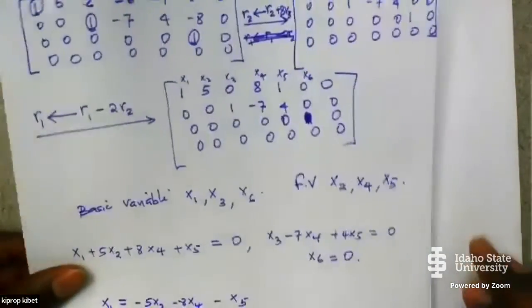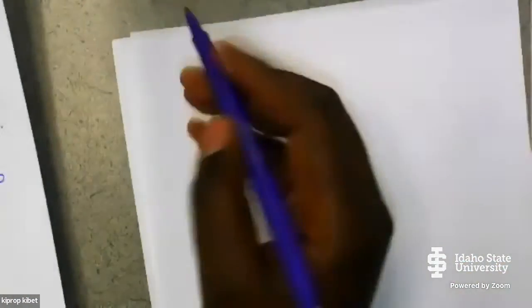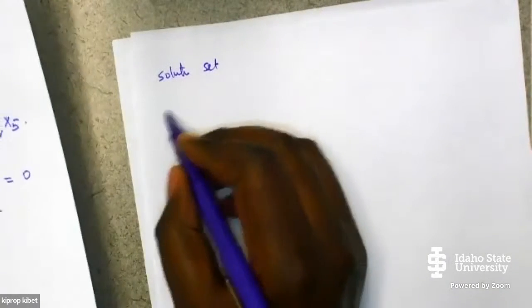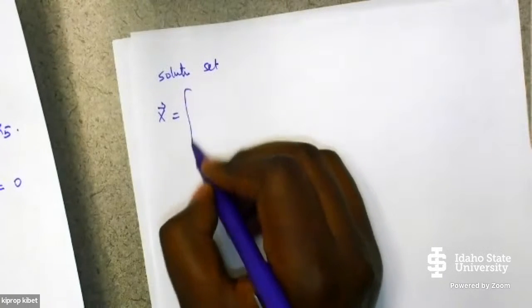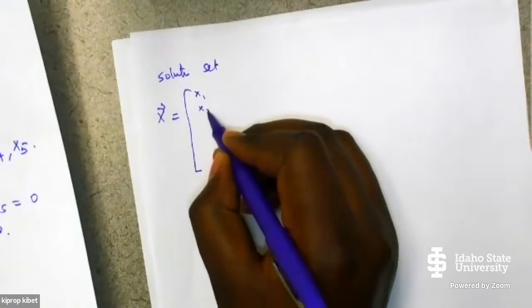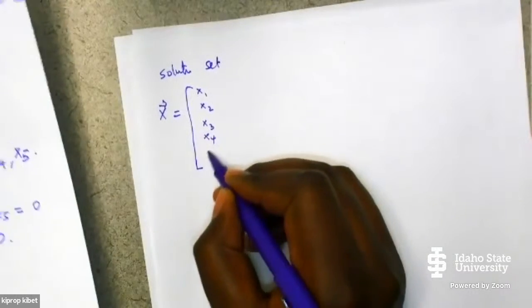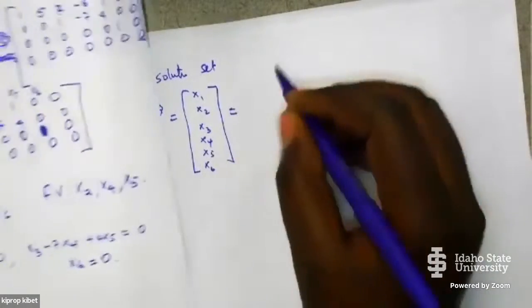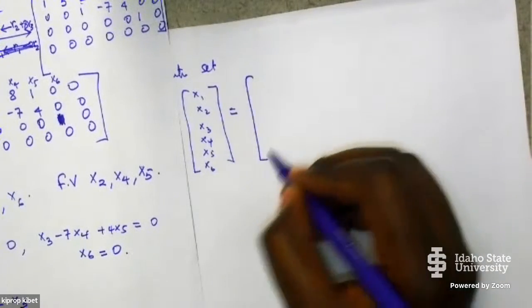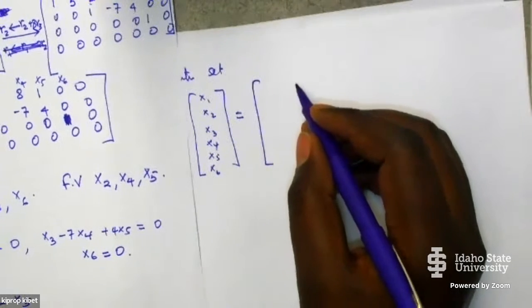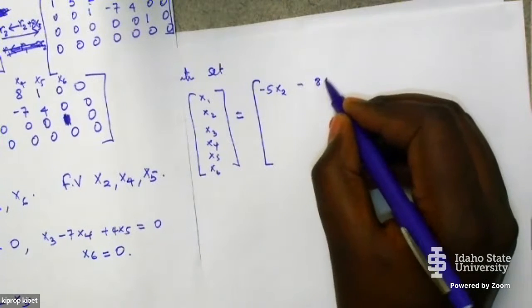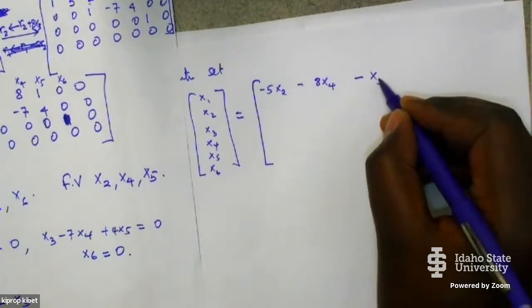So therefore, in vector form, our solution set x, which equals x1, x2, x3, x4, x5, x6, is now equal to minus 5x2 minus 8x4 minus x5.